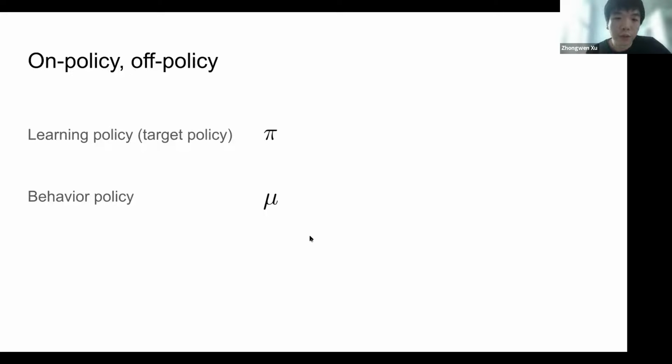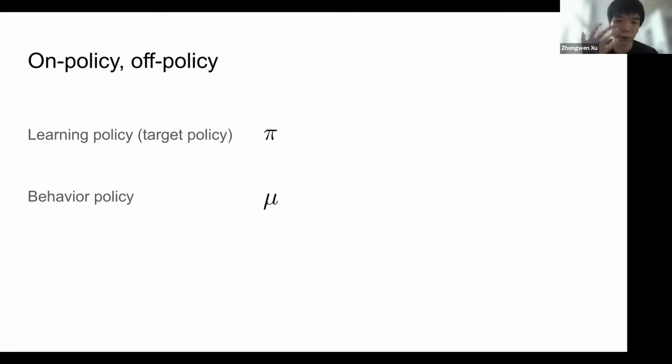Which means that you are using something different from pi, either some variant of the learning policy pi. For example, you could use epsilon greedy on the policy pi.